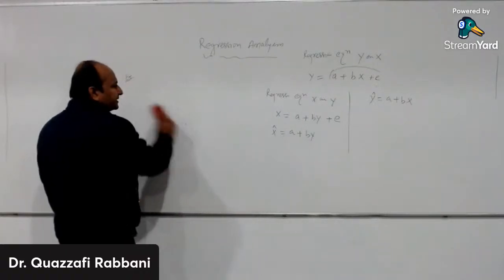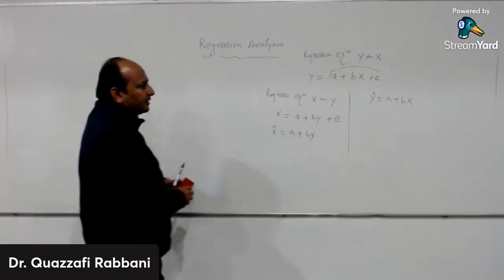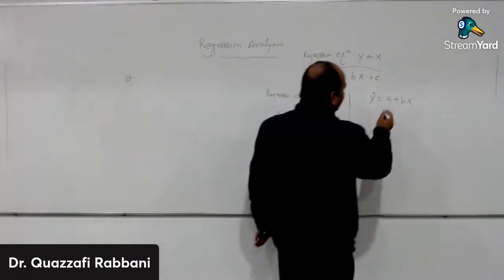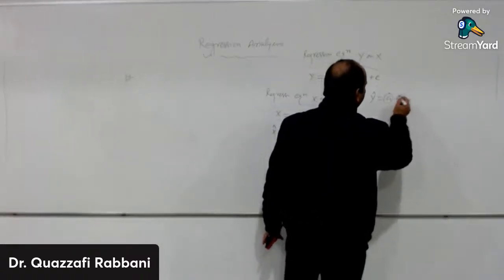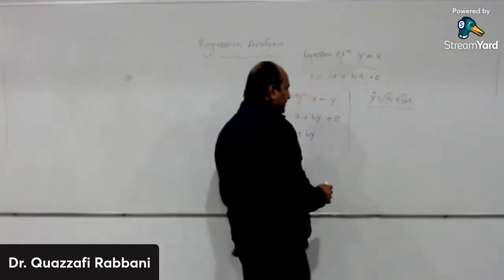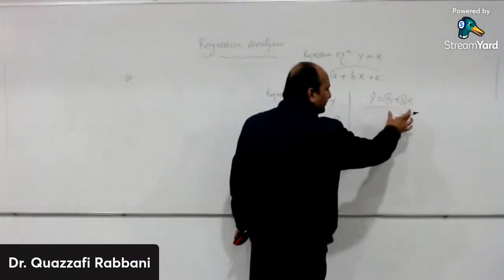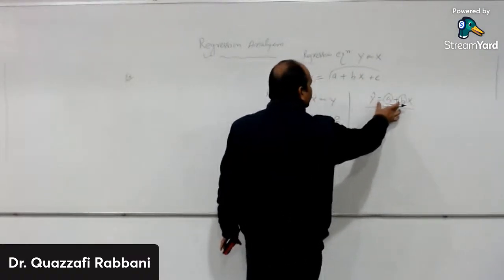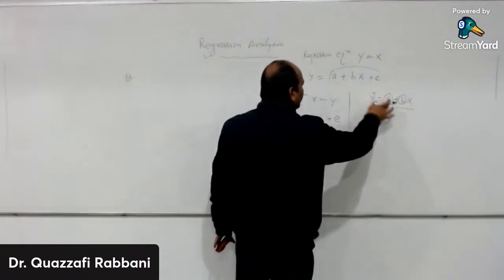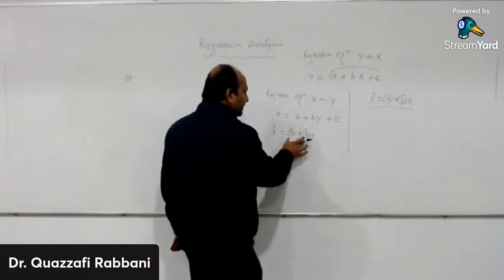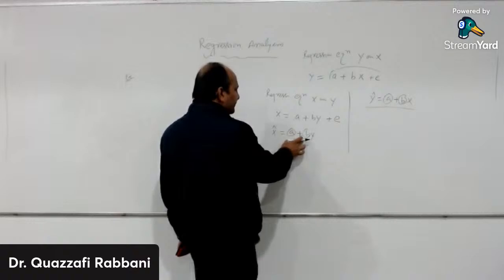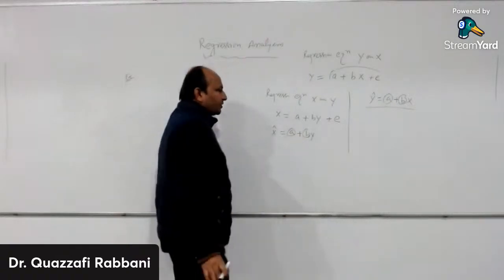So in that case, we have to find the values of a and b in the case of y on x, and a and b in the case of x on y. These a and b and those a and b are different. This A and B is used for y on x, and those A and B are different numbers used for x on y.